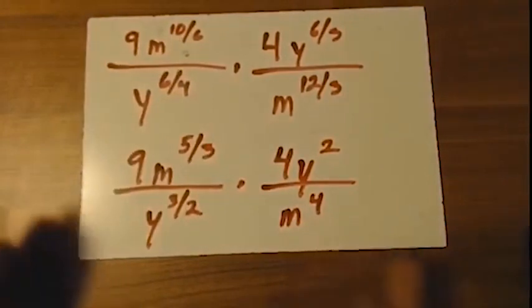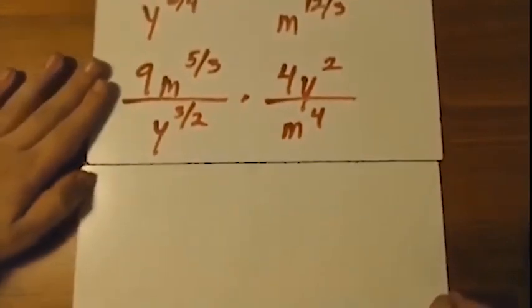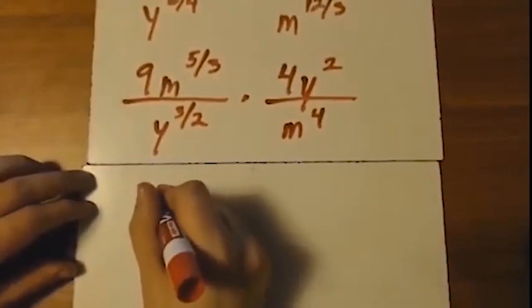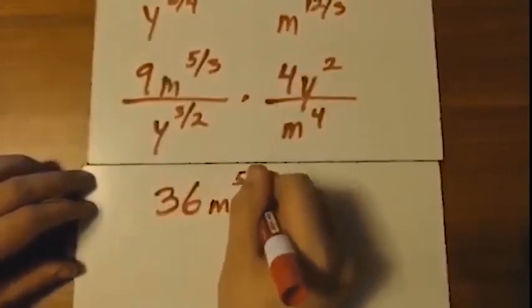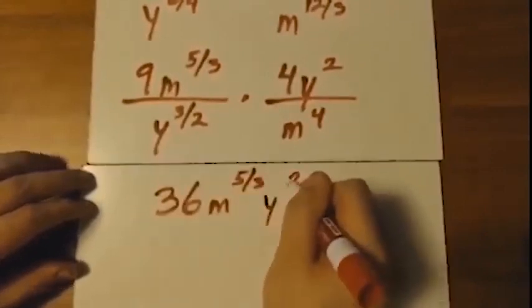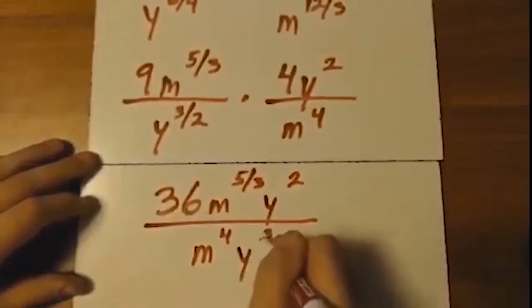We're multiplying, so this can all just come together. 9 times 4 is 36. M to the 5/3 y squared over m to the 4th y to the 3/2.